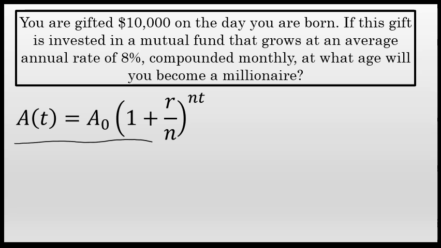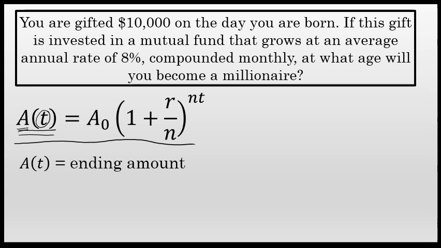The compound interest formula that we'll use for this problem has 5 distinct parts. It begins A of t equals. You can think of A of t as the amount in the account after time t has passed, or the ending amount, the amount you end up with. In this problem, we want to know how long it takes until we end up with $1 million in the account.